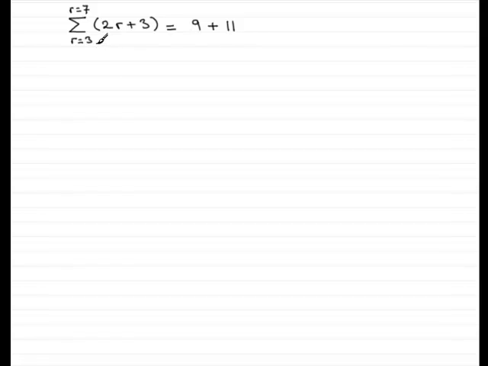Now we let r equal 5, sub it into here, and we get 13. Then we let r equal 6 and we get 15, and finally r equaling 7 and we get 17. So we have the terms in the series, and all we need to do now is just add them up, and that comes to 65.